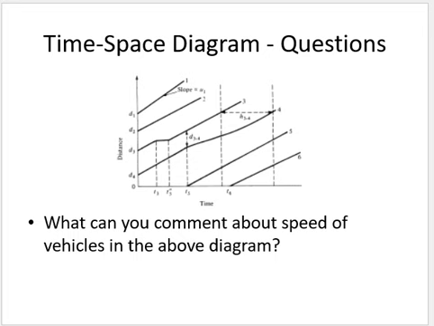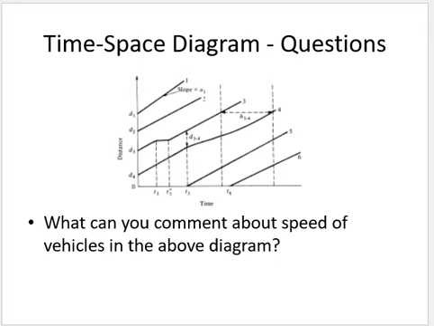The time does not start from zero. There is a change in speed: for vehicle 4, the speed changes at different times. For vehicle 3 as well, right?